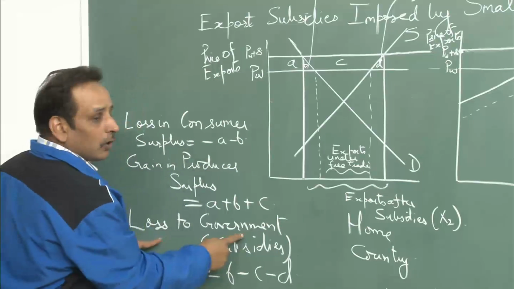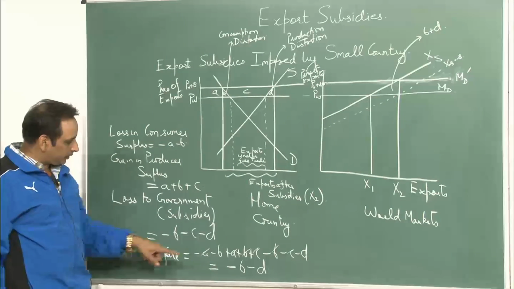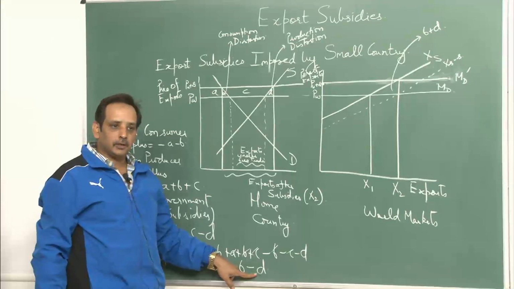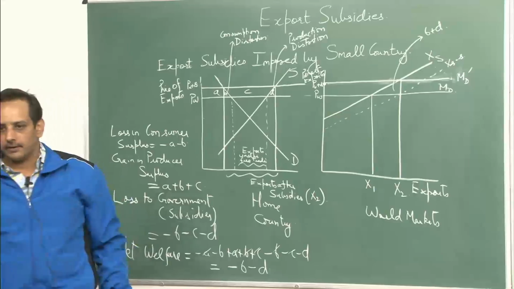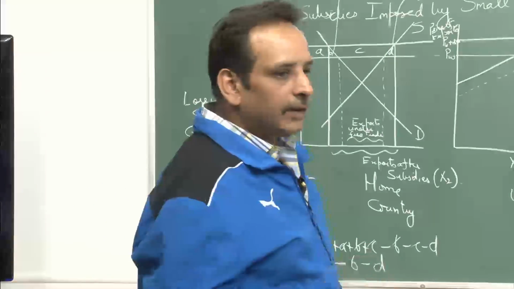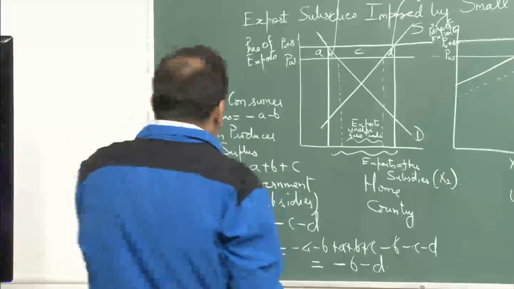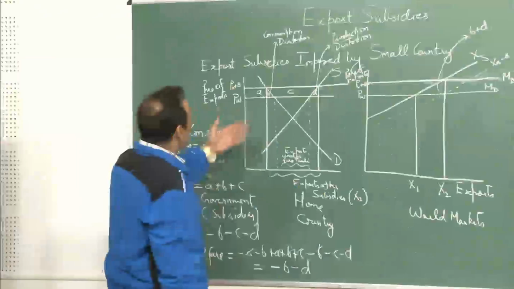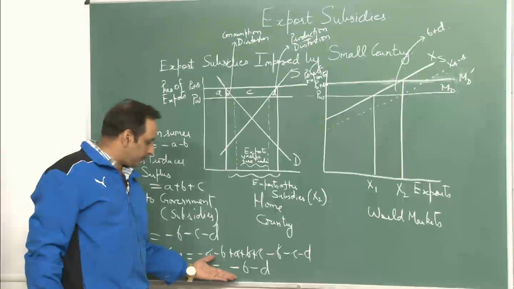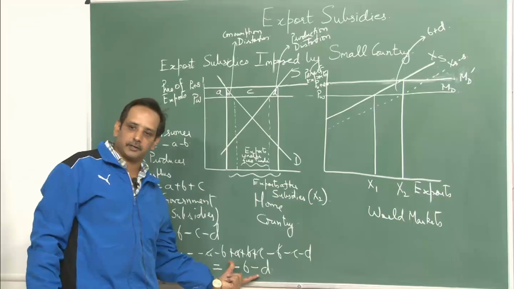This is the loss to the government. So, the net welfare works out to be minus B minus D. As in the case of tariffs, where tariffs imposed by small countries are always bad for them, similarly, subsidies are also bad for the small country because artificial production and consumption distortions are created in the economy.